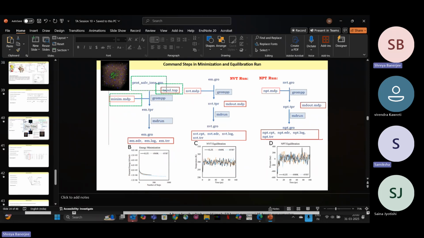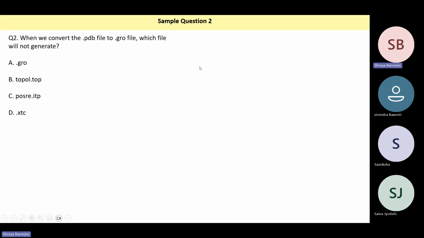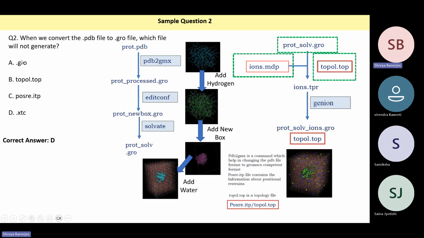But the question is wrong, because how will the .gro file be there? Yeah, the question is wrong. I agree. It should say PDB to GROMACS input file or something like that. So you can just remember that GRO is the GROMACS input file.